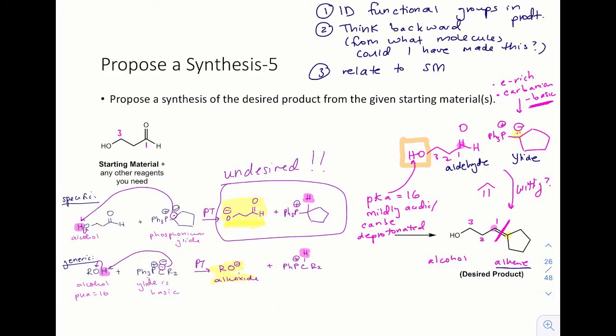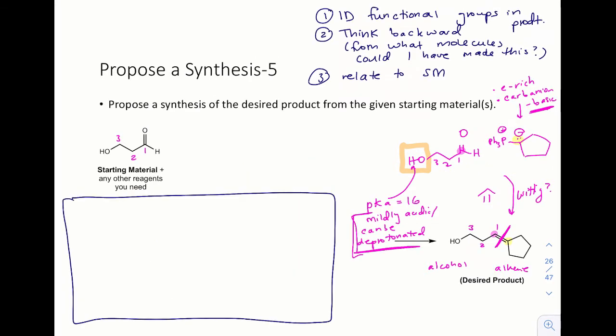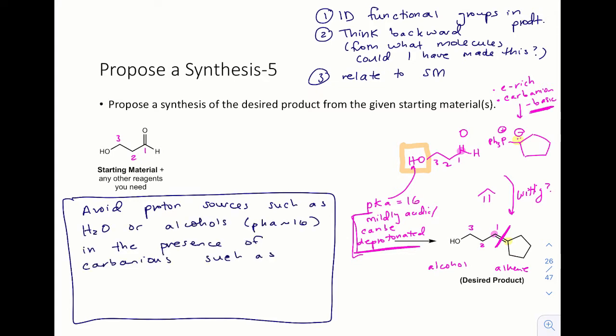This undesired reactivity is our first example of functional group incompatibility. And really, we have seen this before. We want to avoid proton sources, such as water or alcohols, in the presence of carbanions, such as Grignard reagents, organolithium reagents, dialkyl cuprates.